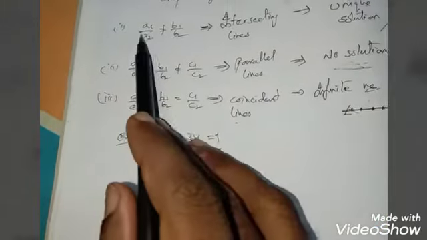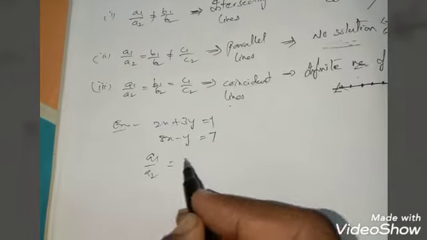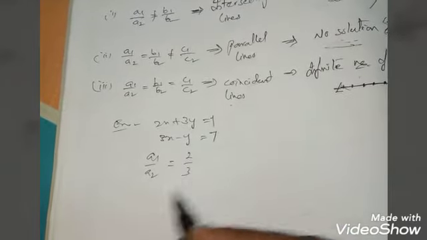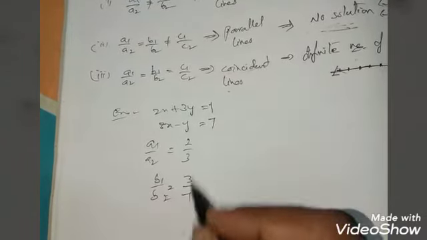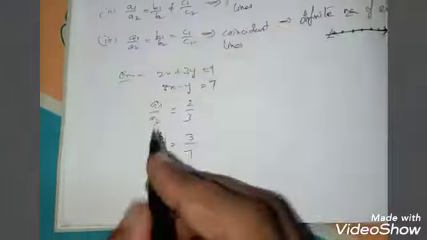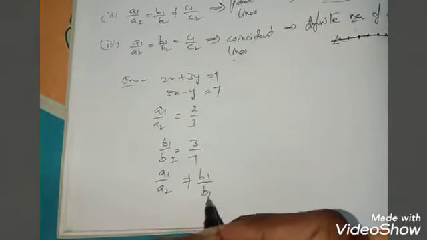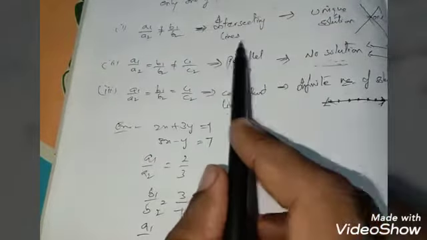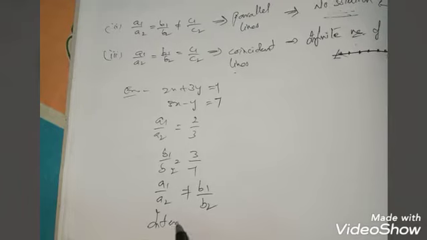Based on the conditions, a1/a2 is 2/3 and b1/b2 is 3/(-1). So here the condition a1/a2 is not equal to b1/b2 is satisfied. When it is not equal, the lines are intersecting lines.